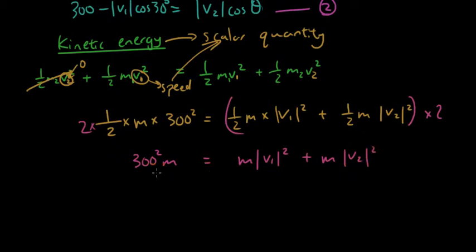And now I can get rid of all the m's because I can divide every term by m. I'm going to divide everything by m. Actually, this is probably clearer, times by 1 over m. So if I expand that out, I will get 300 squared. Let's just put 300 times 300. That is 9 with 4 zeros.